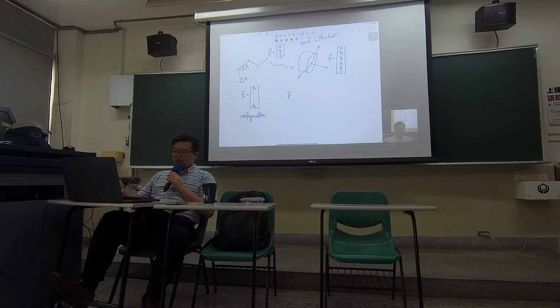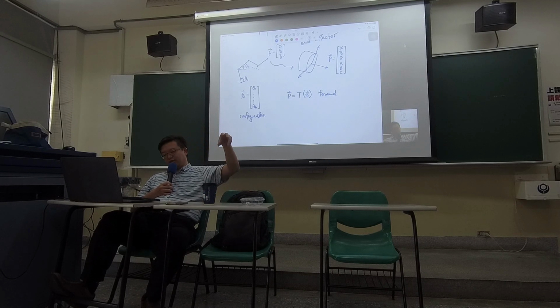So if I determine the coordinate by some kind of transformation with respect to the joint angles, this is forward kinematics, right? If I just plug in some kind of transformation with my joint angles in order to determine the coordinate of the end effector, that is forward.